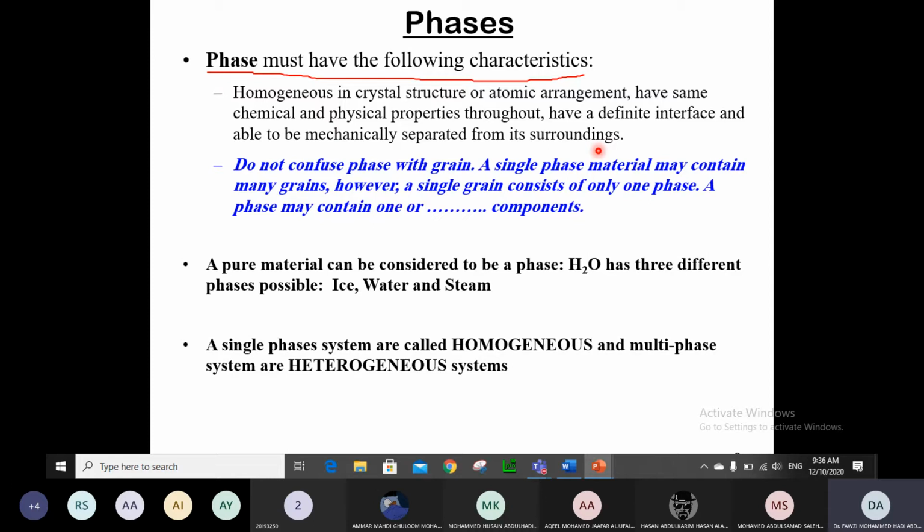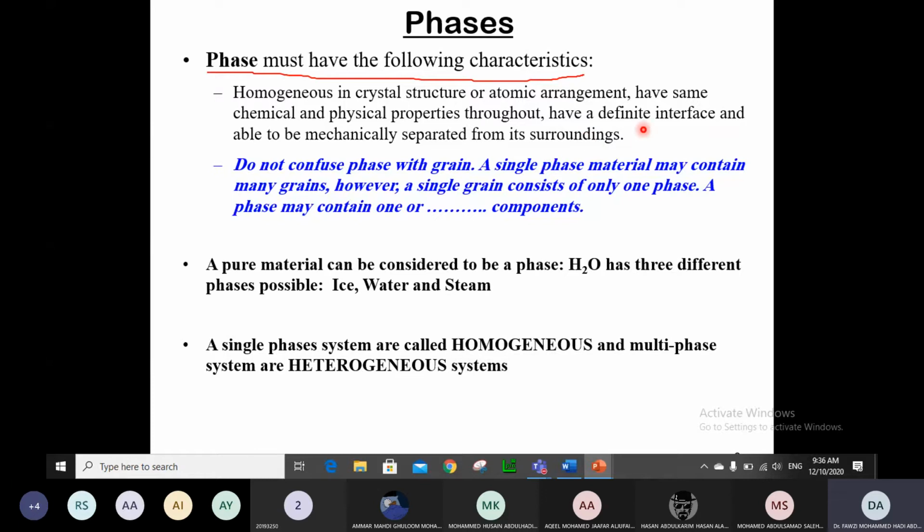Homogeneous does not mean you have only one single type of atom there. It could also mean a dispersion of different atoms, dispersed evenly and equally in the material. This is what homogeneous means, right? Okay, doctor. So we have a homogeneous crystal structure, atomic arrangement, in the material.